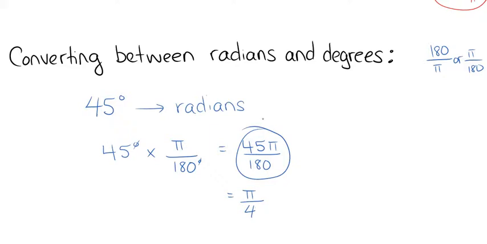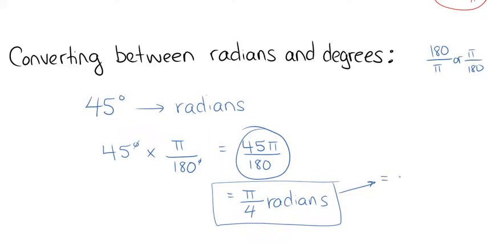So 45 degrees in radians is pi over 4 radians. And that's how you would write it exactly. If you wanted to write it as a decimal value, you could also just divide pi by 4, so 3.14 divided by 4, and figure out what that equals.